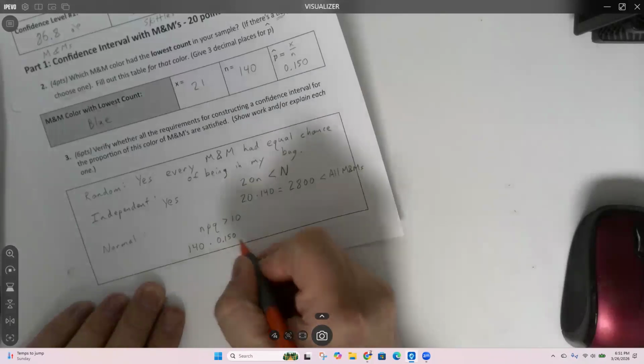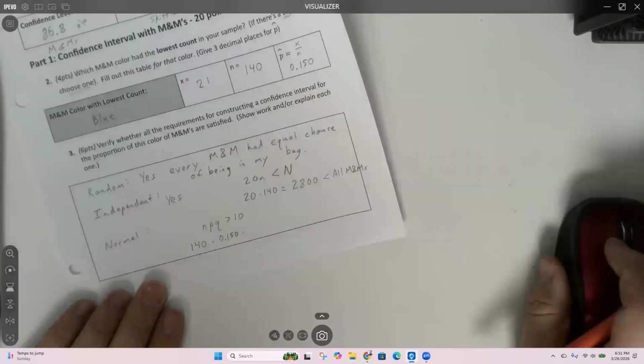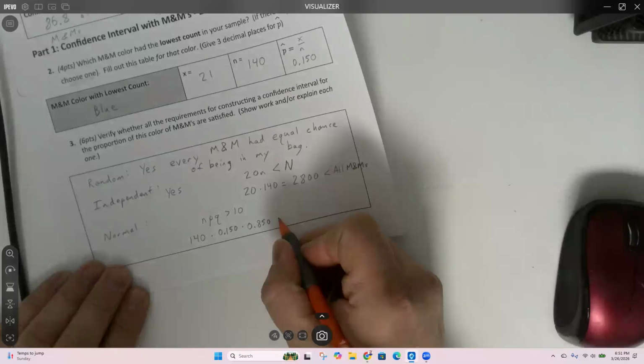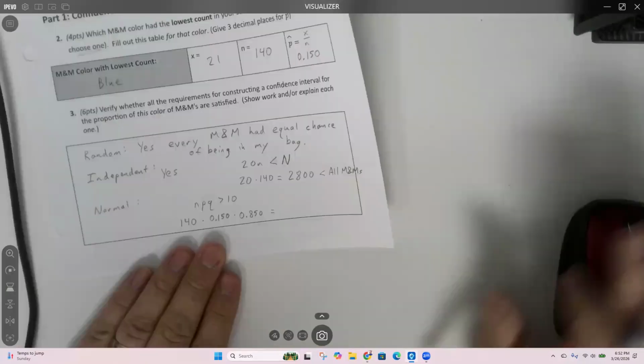I need my q, which is 1 minus 0.150. So my q is 0.850. And I need to multiply those together and see what I get.